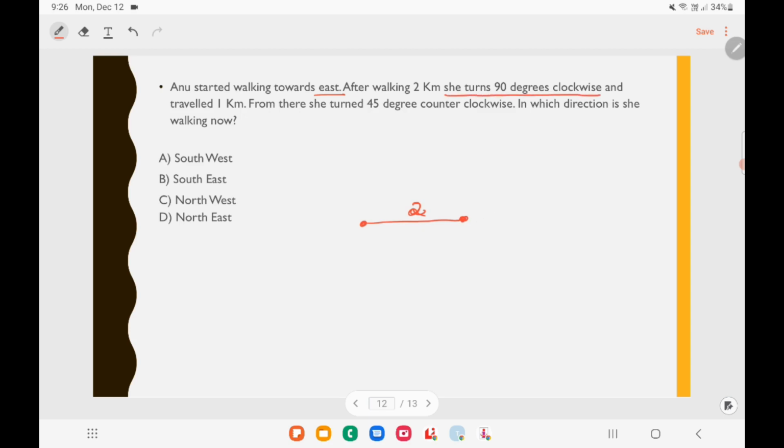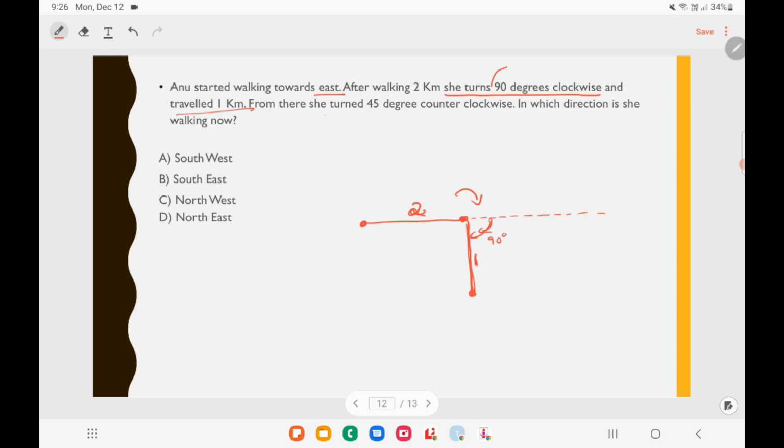I have told you that if you are given questions like this, clockwise, anti-clockwise rotation, you need to draw a dotted line like this. So she is turning clockwise, that means she is turning like this. So from here you need to draw 90 degree, that means she turned like this. Okay, and traveled 1 kilometer. So this is 90 degree and she traveled 1 kilometer. So now she is here.